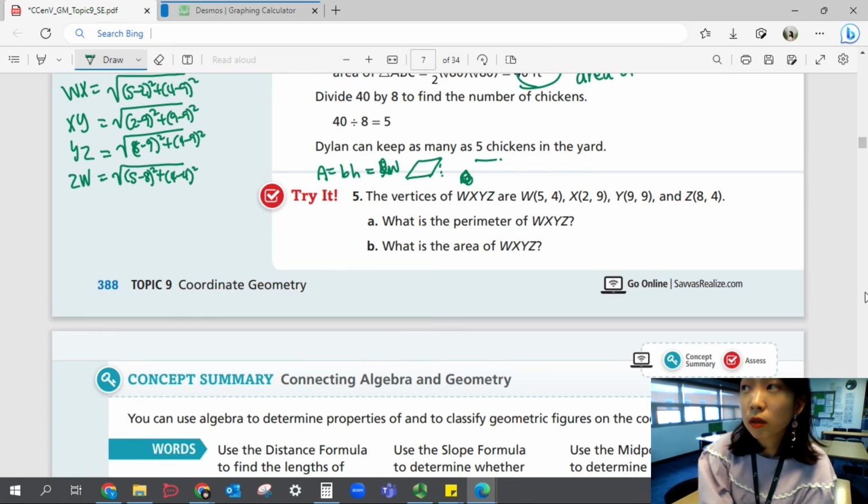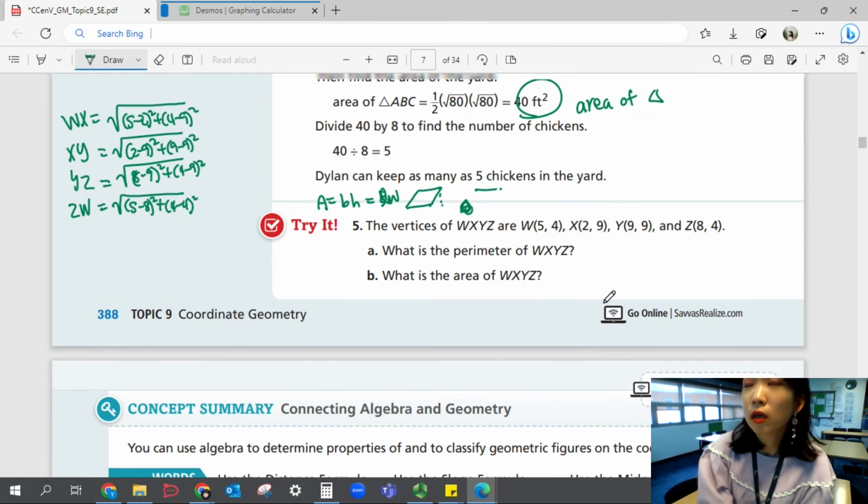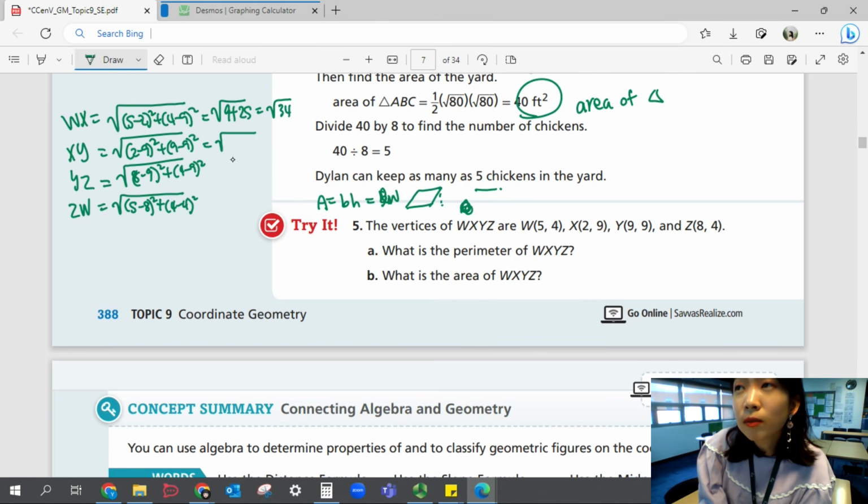And so simplify them. 5 minus 2 is 3, square is 9. 4 minus 9 is negative 5. Square that is 25. So that's square root 34. Then 2 minus 9, negative 7.